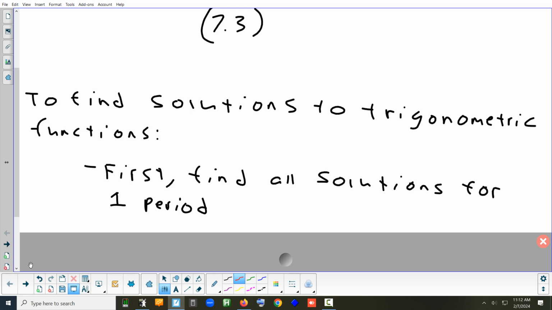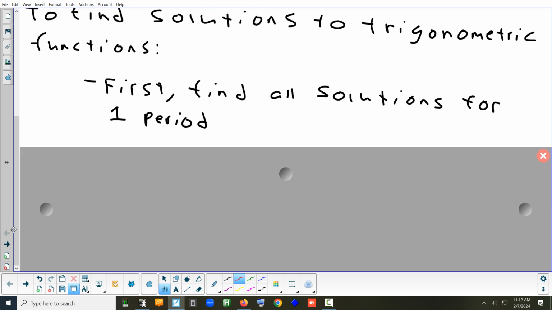That's how you find the period of sine, cosine, secant, cosecant. It's not slope, period. How about the formula for the period of tangent and cotangent? Pi over b. And remember, b is where in the formula? Inside the parentheses in front of the x.